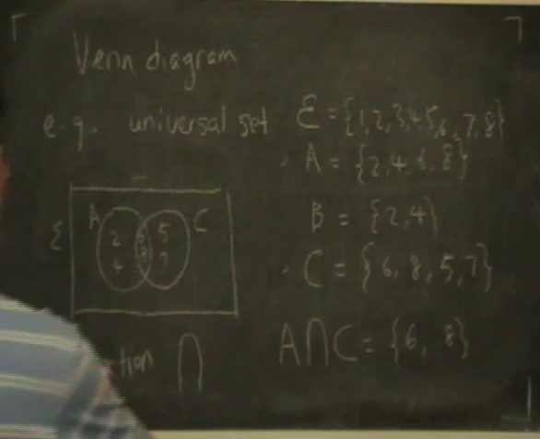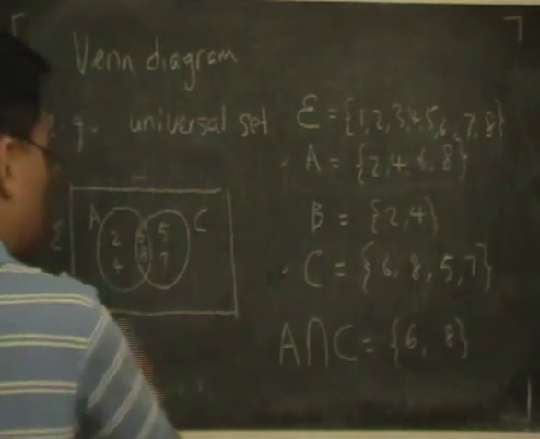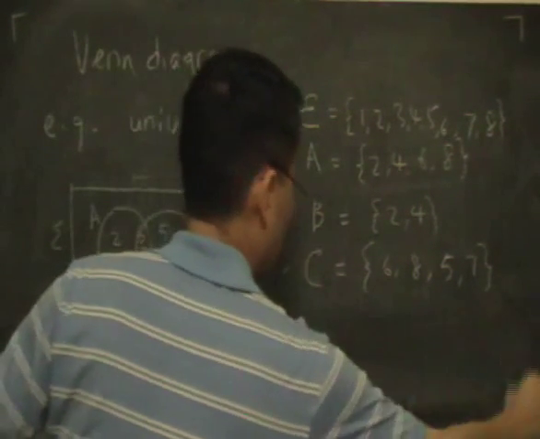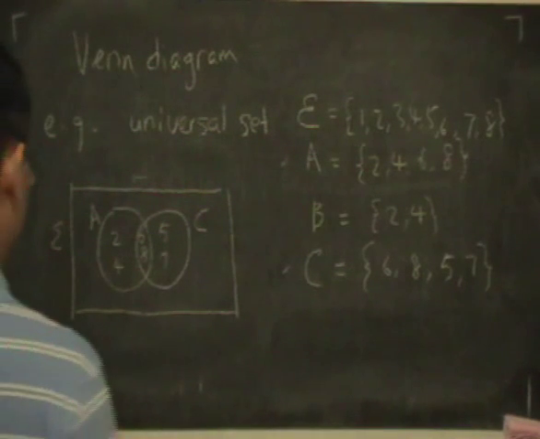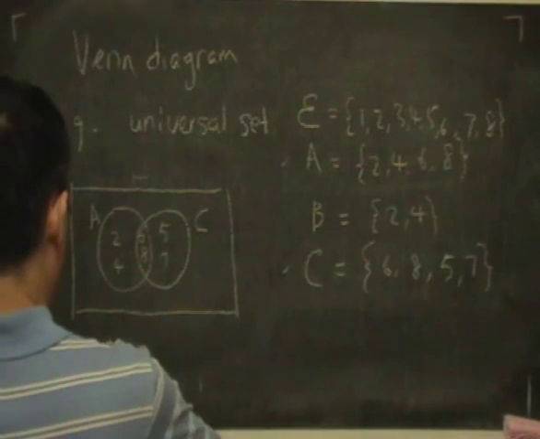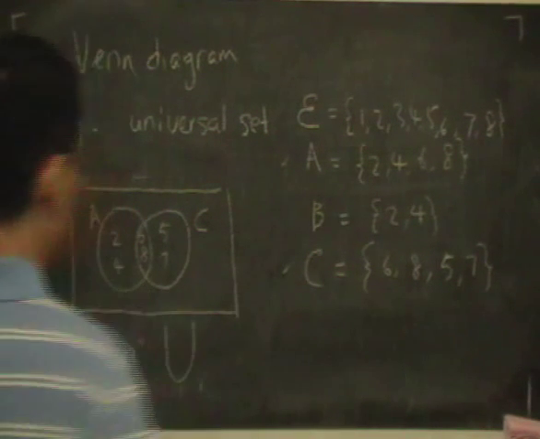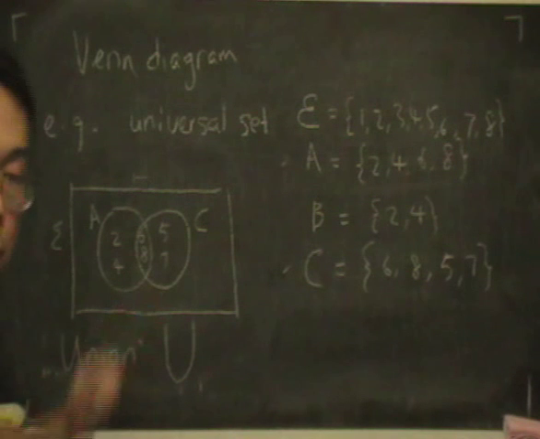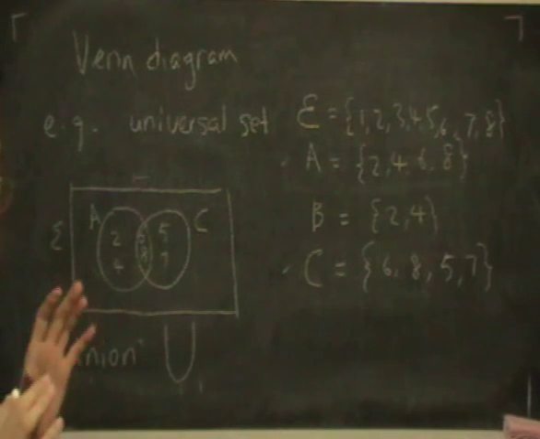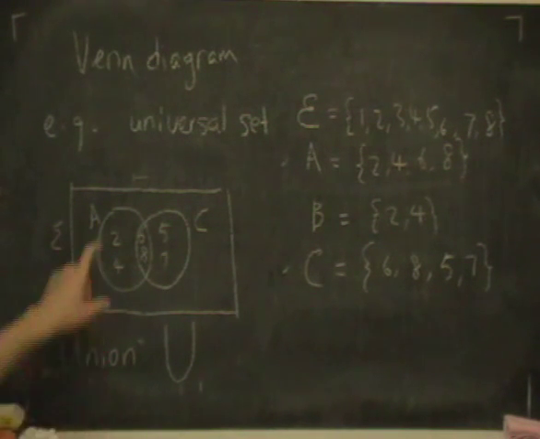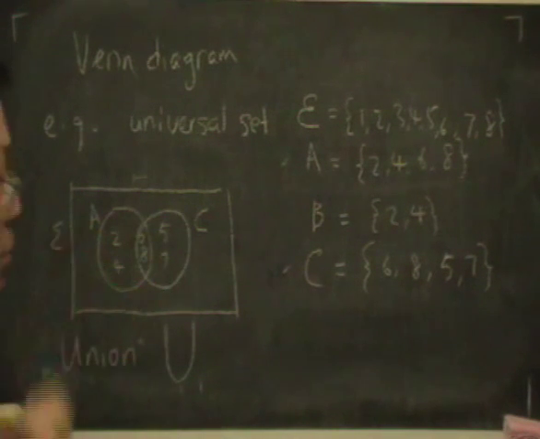Now we can have another symbol called union, which is represented by the symbol U. Now union refers to all of the elements in the two sets.